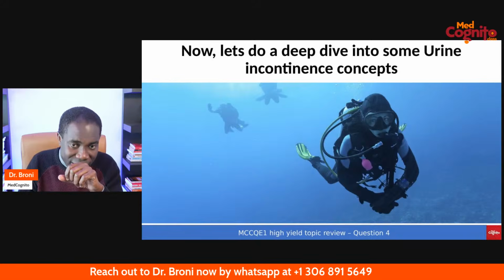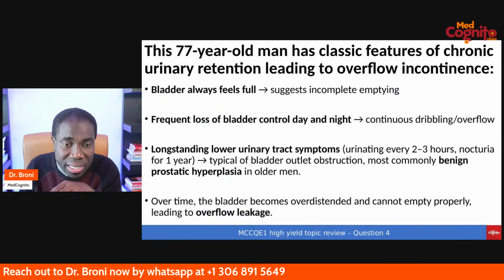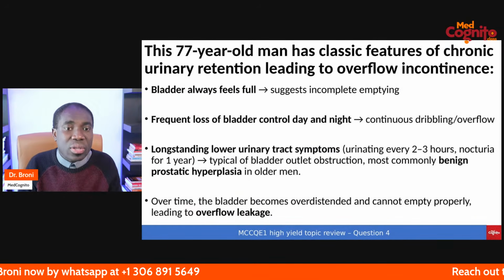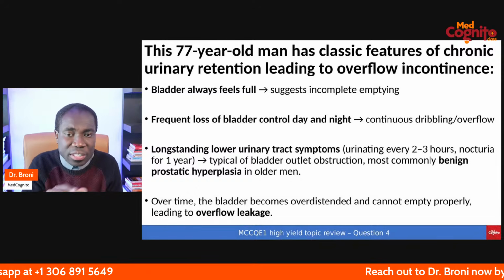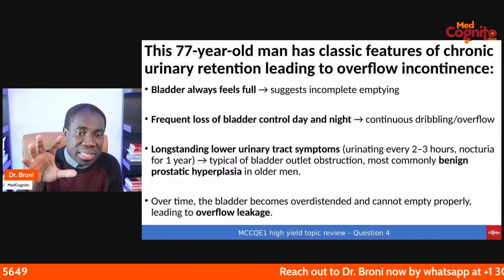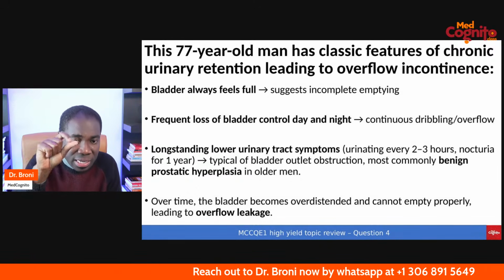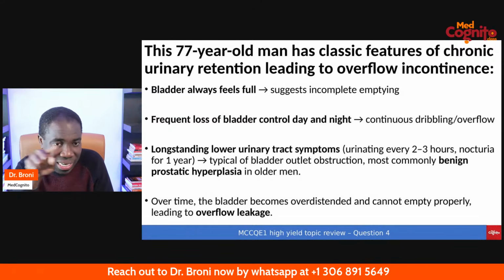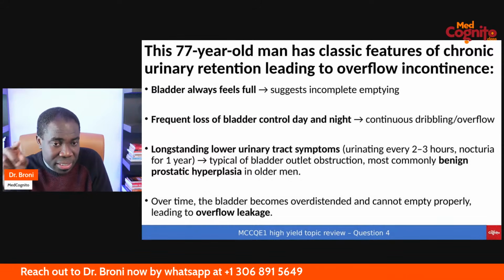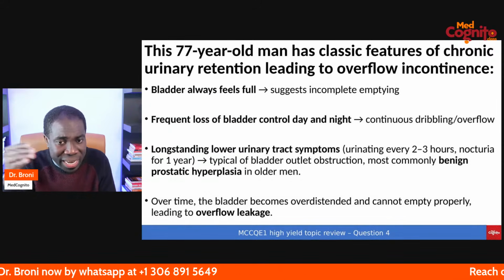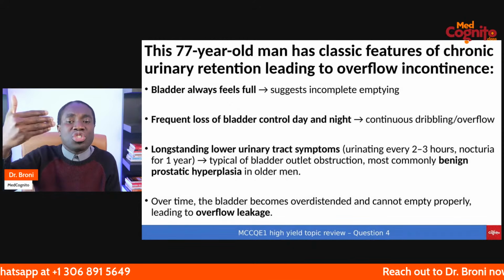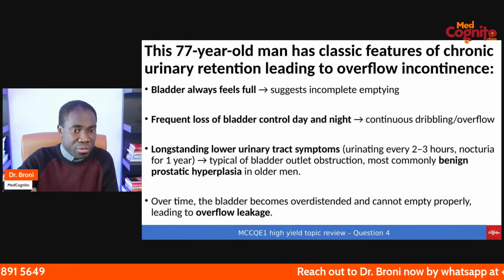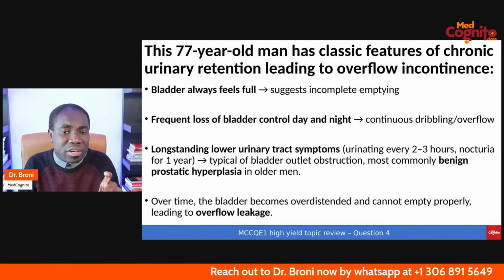So let's do a deep dive into urine incontinence concepts. This 77-year-old man has classic features of chronic urinary retention leading to overflow incontinence. The bladder is always full, which suggests that there's incomplete emptying. Frequent loss of bladder control day and night. That means there's continuous dribbling and overflow, right? And then long-standing lower urinary tract symptoms.